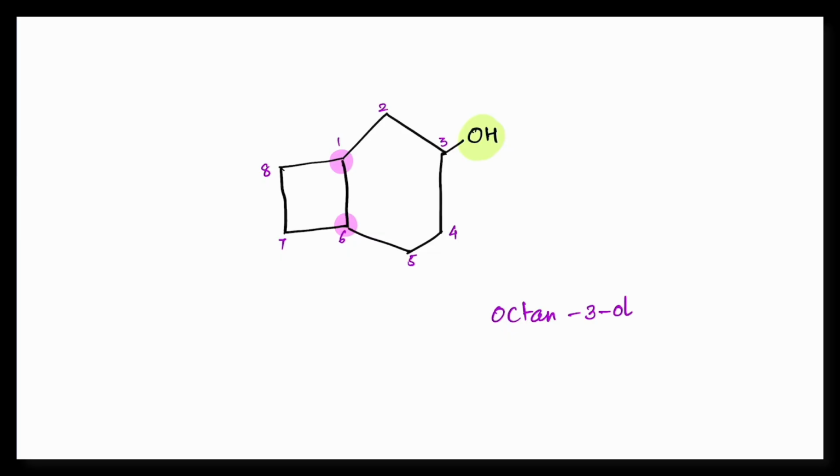Now let's get to the naming of the cycles. So we have 2 cycles here, so we will call this bicyclo. Then we will draw the square brackets.